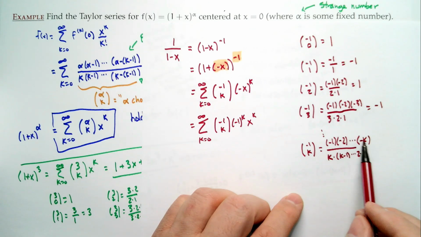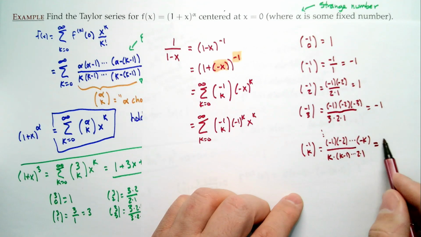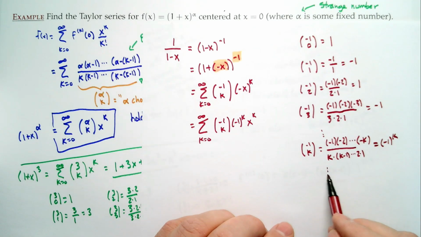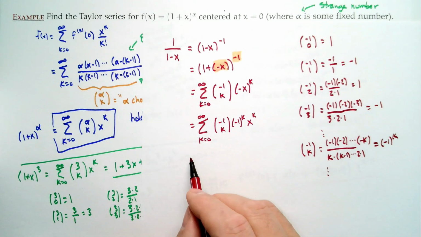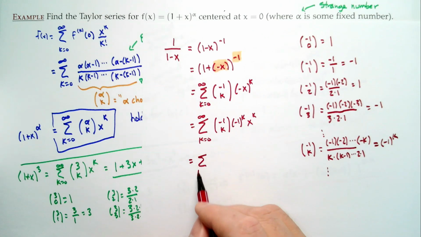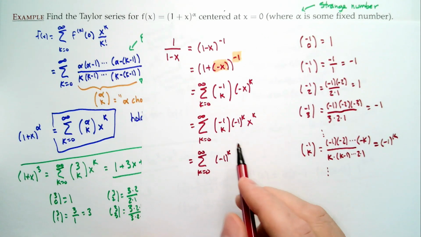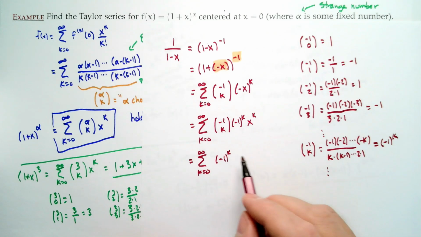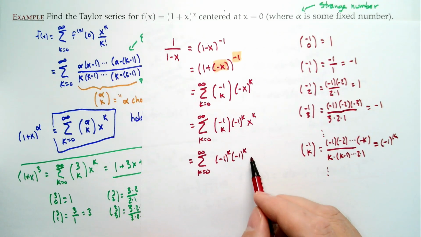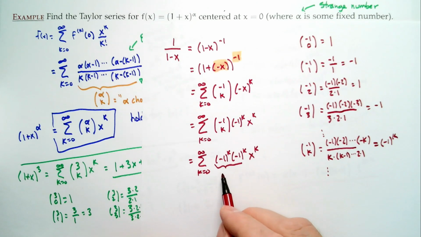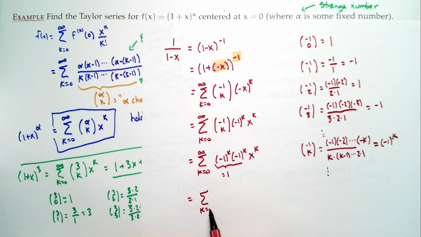So you've got k negative 1's upstairs, so you get minus 1 to the k. And that pattern always continues. So you end up with the sum from 0 to infinity of minus 1 to the k from the binomial coefficient, times minus 1 to the k, x to the k, but these combined together are always 1. And so, lo and behold, we get the sum from 0 to infinity of x to the k power.